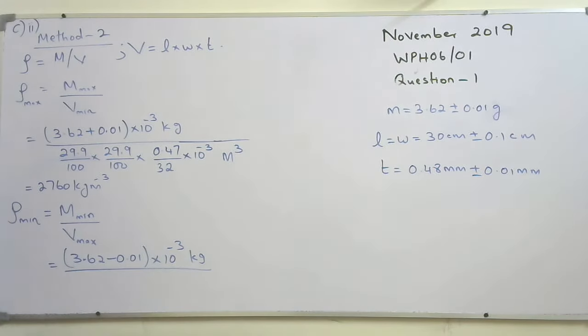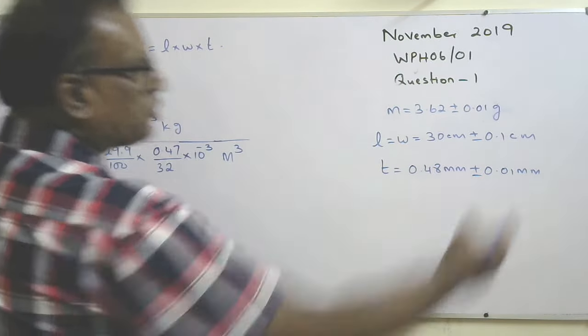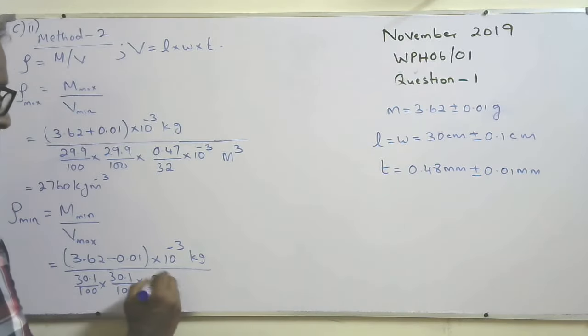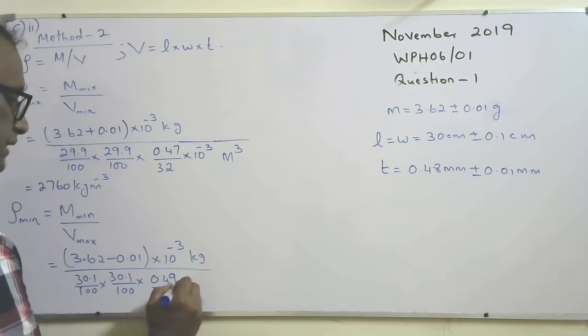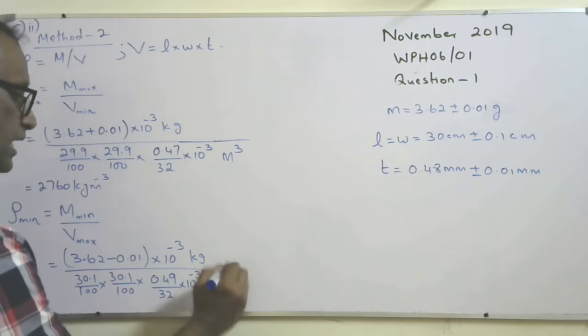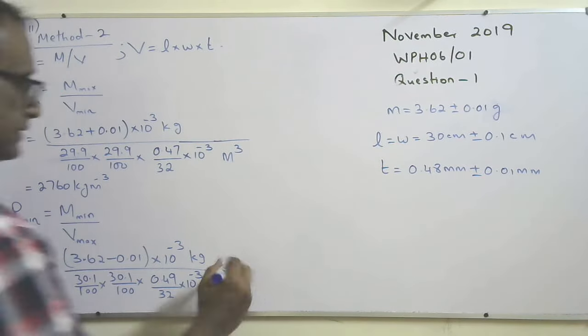So that is 30.1 divided by 100 times 30.1 divided by 100 times, same way, 0.48 plus 0.01, 0.49 millimeter divided by 32 to get one sheet, into 10 to the power minus 3. So here you will get 2600.